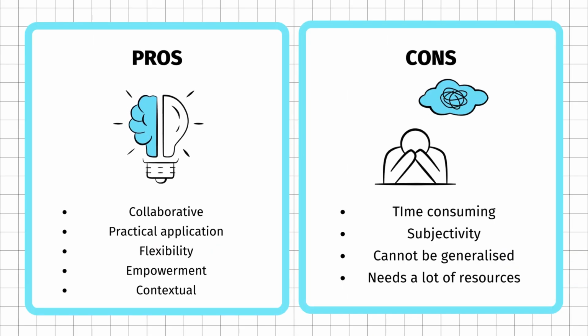When we talk about action research, we can analyze several pros as it is collaborative, it's of practical application, it is flexible, but I think that one of the most important characteristics of this approach is the empowerment that it can give to the teachers as they can become researchers and they can influence their context.